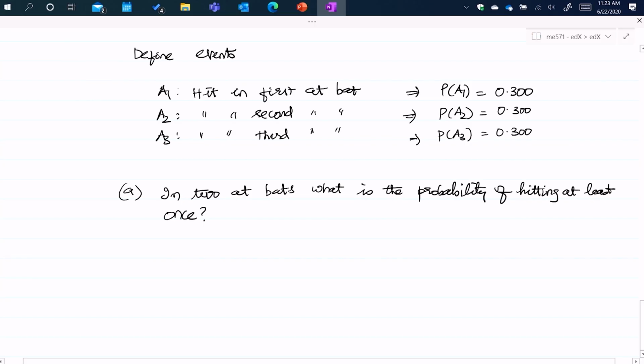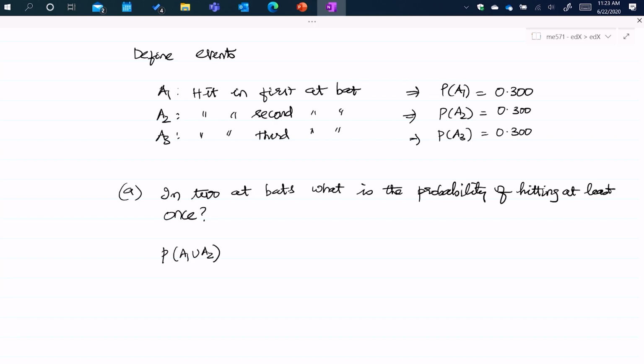So the question that we seek is, in 2 at-bats, what is the probability of hitting at least once? Again, in all of these probability problems, the first thing we want to do is define simple events, and then turn the wording into an equivalent mathematical statement. So what we seek here is the probability of event A1 or event A2 occurring. That's the equivalent mathematical statement.